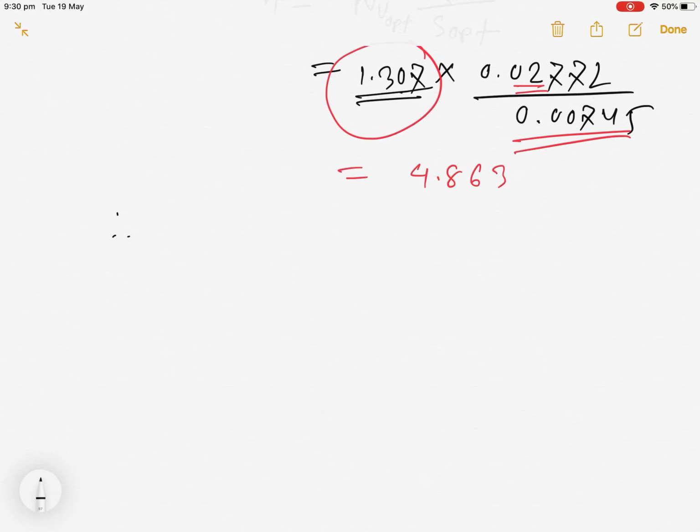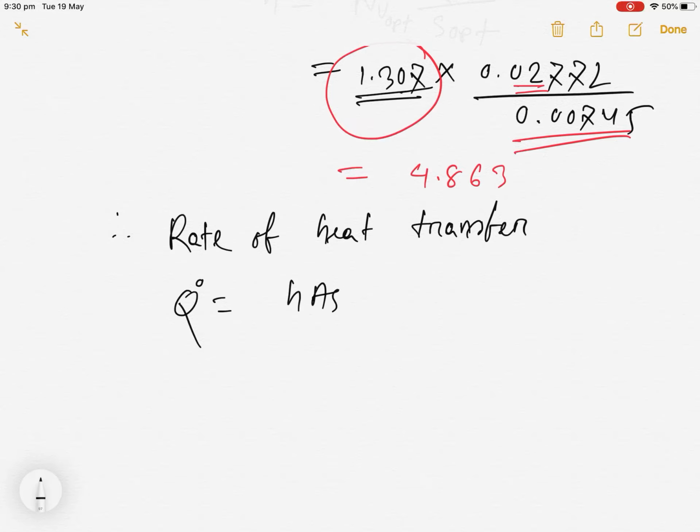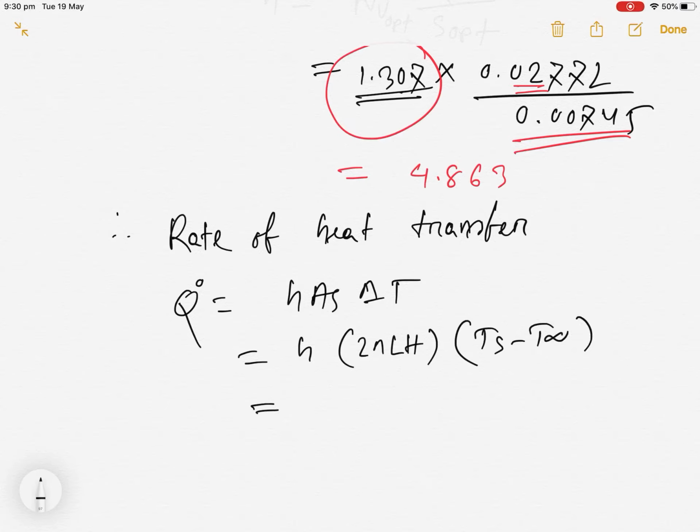Alright, so now we will calculate the rate of heat transfer. The rate of heat transfer is Q equal to h_s A_s delta T, or we can write it as h_s, the number of fins, the area, and T_s minus T infinity.